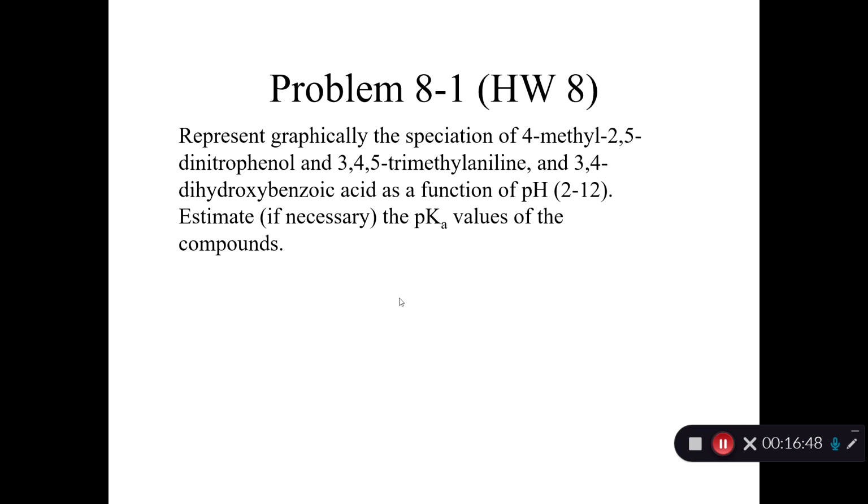So problem 8.1 and problem 8.2 are both available as example problems. They are listed under resources, under homework and practice problems, under practice problems, and I've also made videos for them. Problem 8.1 is representing graphically the speciation of a couple of chemicals. Here's a phenol, which is an acid, and an aniline, which is a base, as a function of pH.